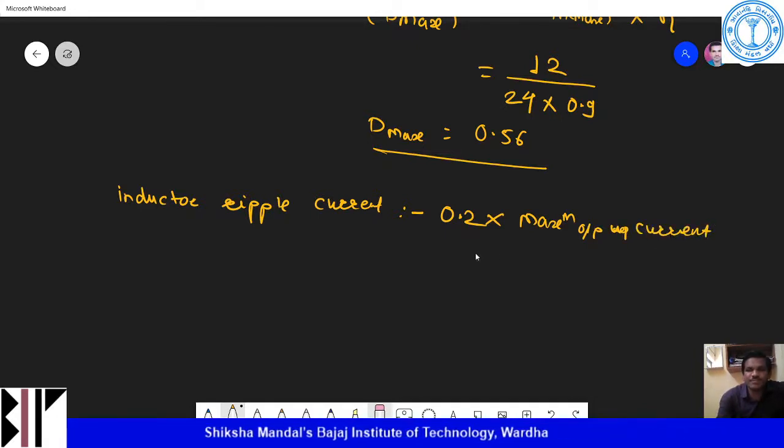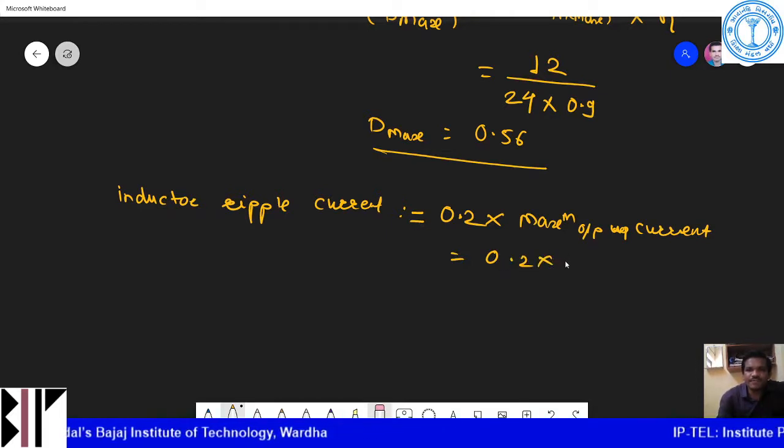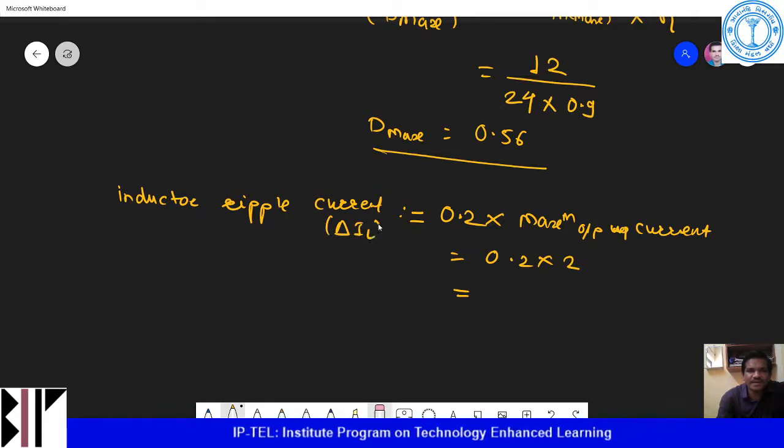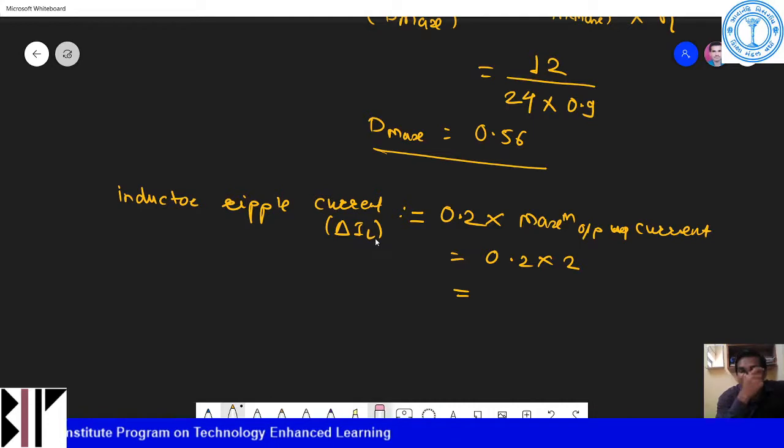What is my maximum output current? That is 2 ampere. So the inductor ripple current, delta IL. In the formulas for calculating the inductance and the output capacitance, we will use this term. I will show you that also.